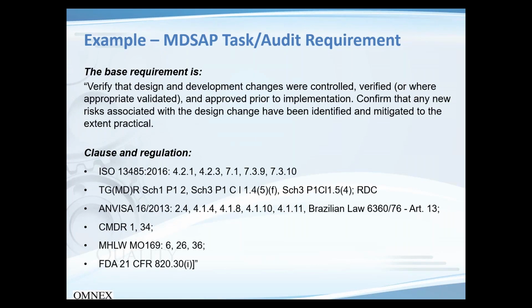For auditing that one task or requirement, the auditor will choose clauses from ISO 13485, different clauses: 4.2.1, 4.2.3, 7.1, 7.3.9, 7.3.10. All those areas have something to do with design validation, development, changes and verification, and those clause requirements will be looked into in relation with this one task.